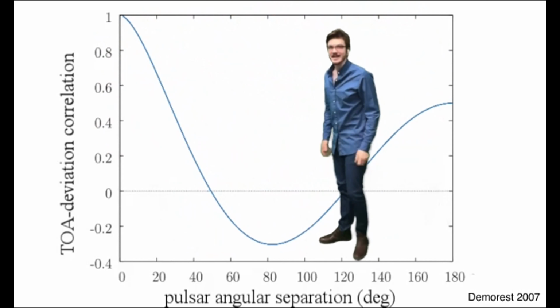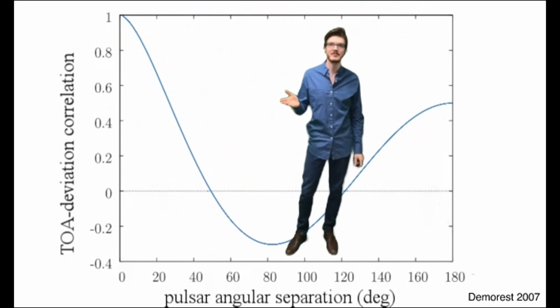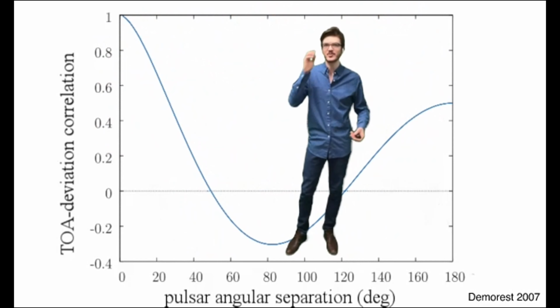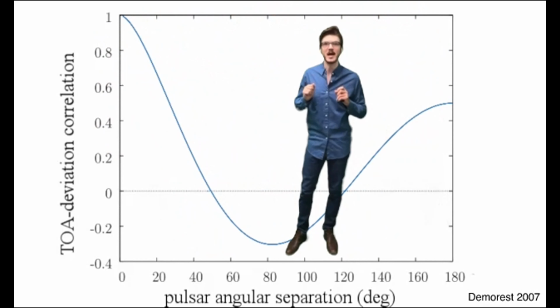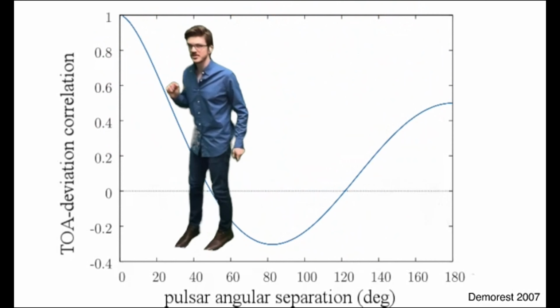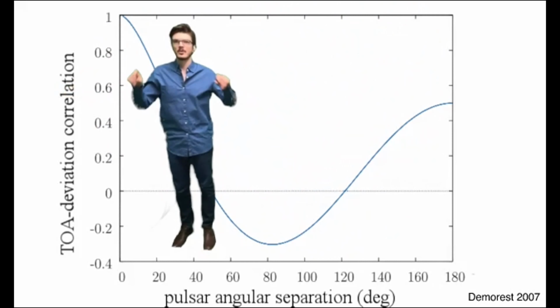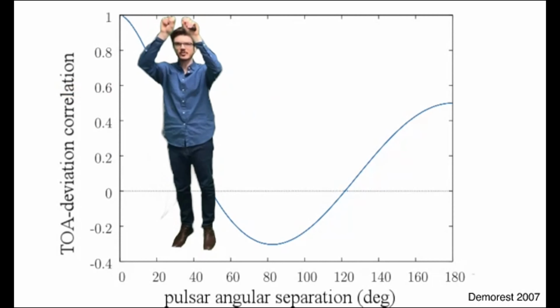You're probably thinking, I don't see how this graph shows a gravitational wave background in our pulse times of arrival data. Well, that's the power of our dance. So let's come over here to 0 degrees. Remember the dance, right? Two pulsars which are next to each other on the sky.